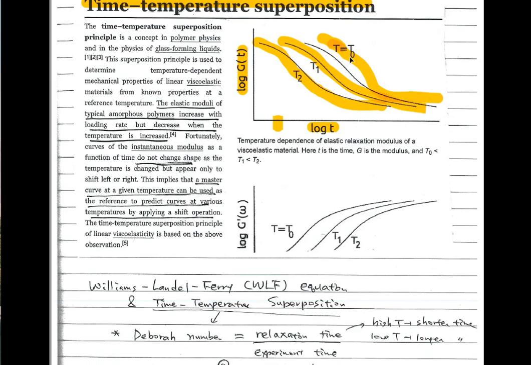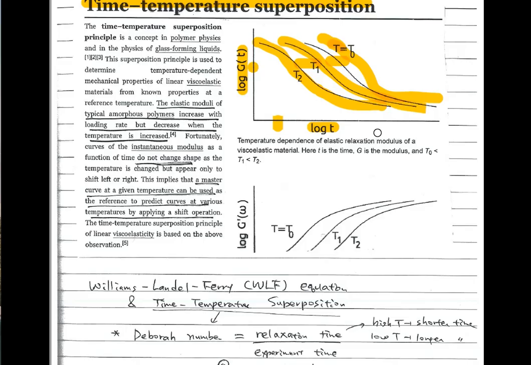Then we can say that if you have this one curve, which is called the master curve, showing the time scale dependence of the mechanical property or the glass transition temperature, since the curves at other temperatures show similar behavior, then you can determine the other curves at different temperatures if you know how much shift occurs as a function of temperature. That's called time temperature superposition.